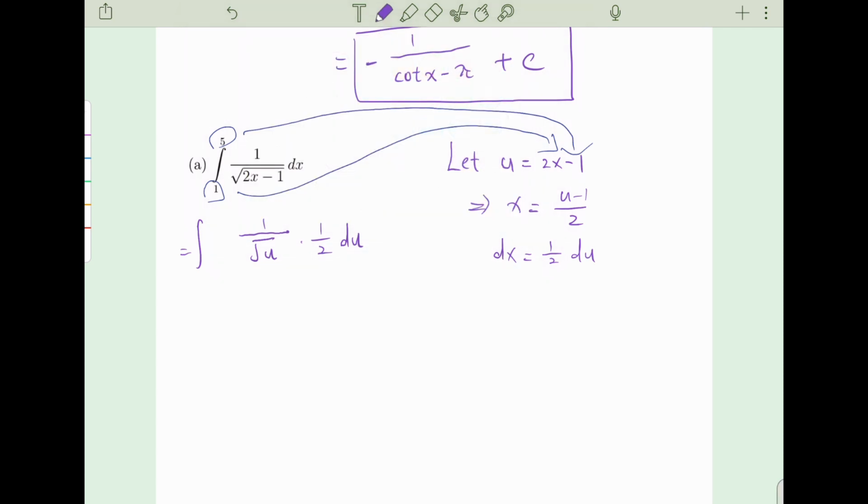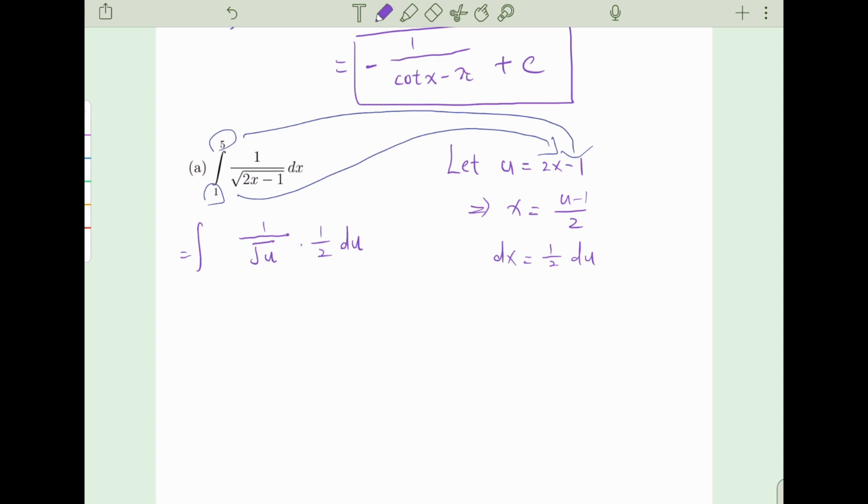And the new upper bound is 2 times 5 minus 1, which is 9, okay? So we have this thing here, and simplify a little bit, that is 1 over 2 times u to the negative 1 over 2 du.